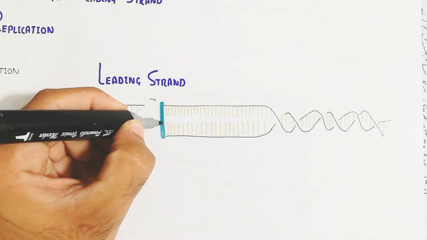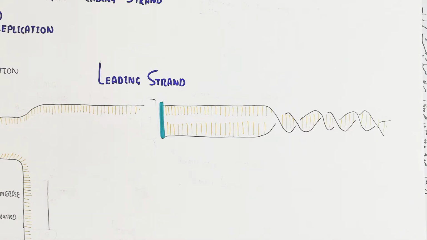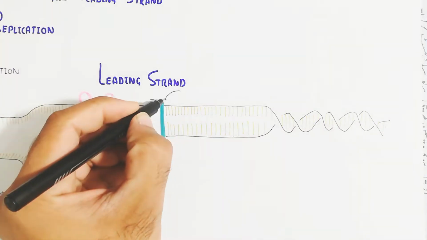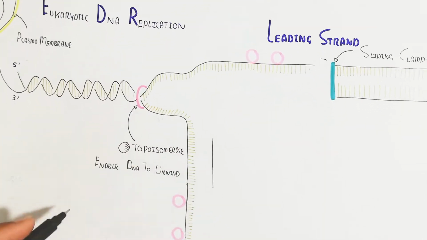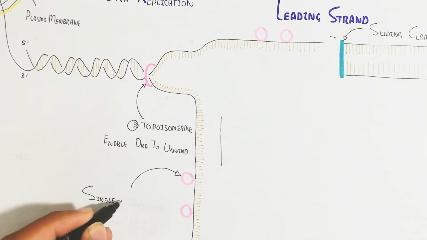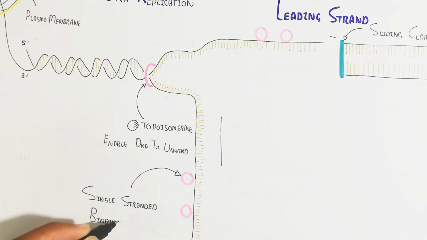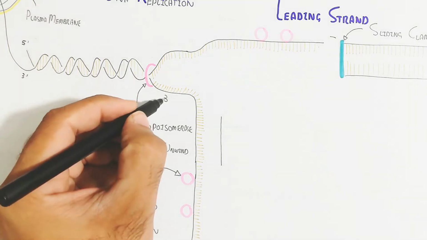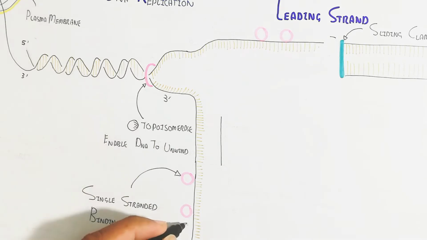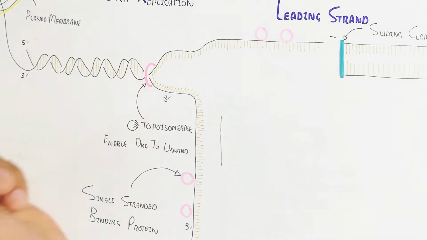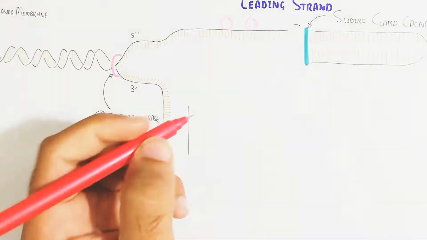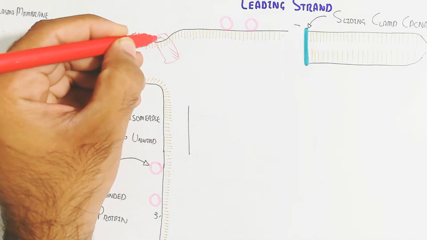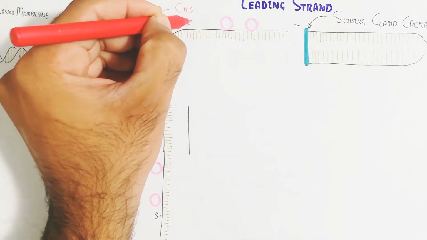Here a sliding clamp will be attached, while the single-stranded binding protein also attaches here. The single-stranded binding protein is used to prevent rewinding, and this is how the replication fork develops. The leading strand is synthesized toward the replication fork, while the lagging strand is synthesized away from the replication fork.